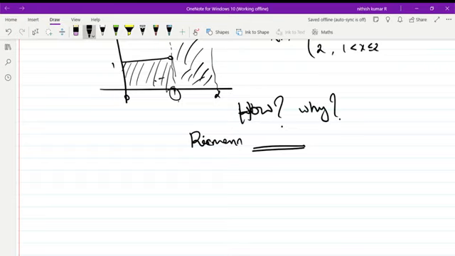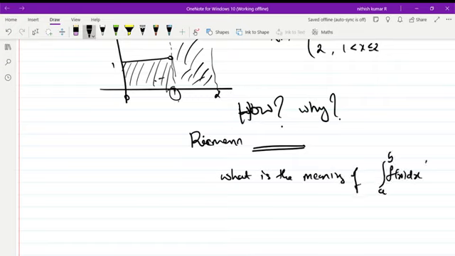This was developed by the mathematician Riemann. When he was writing his research thesis, his research title was, what is the meaning of integration a to b f of x dx?